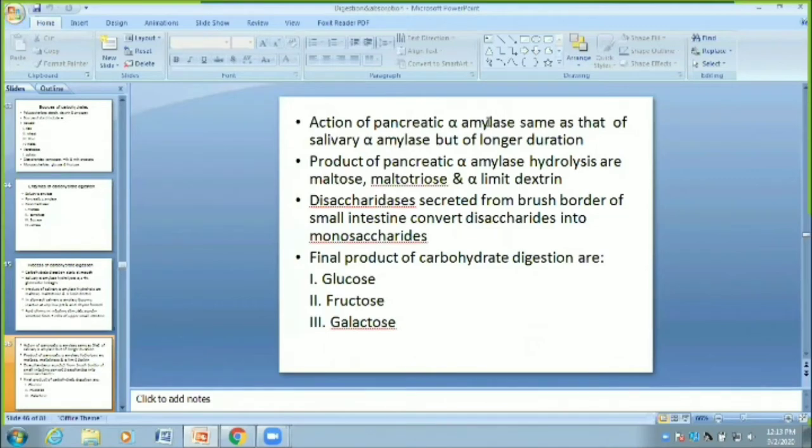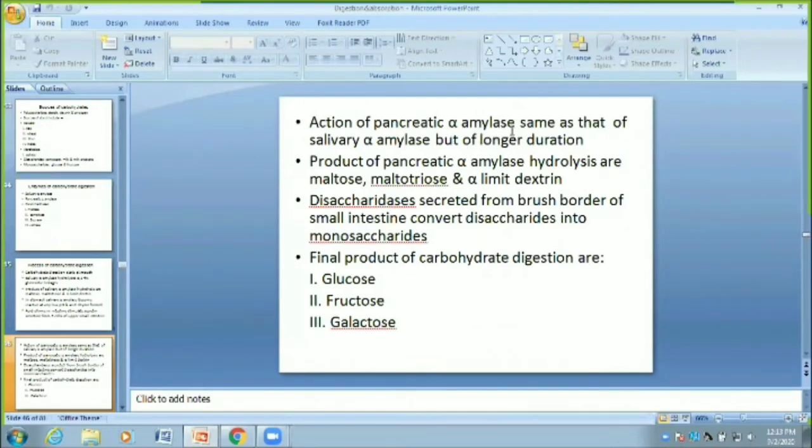The common bile duct is formed by the cystic duct and pancreatic duct. These two ducts together constitute the common bile duct. Is it clear? This ultimately enters into the second part of the duodenum.